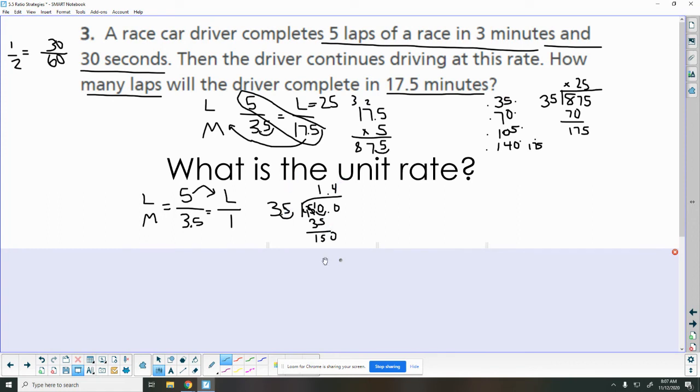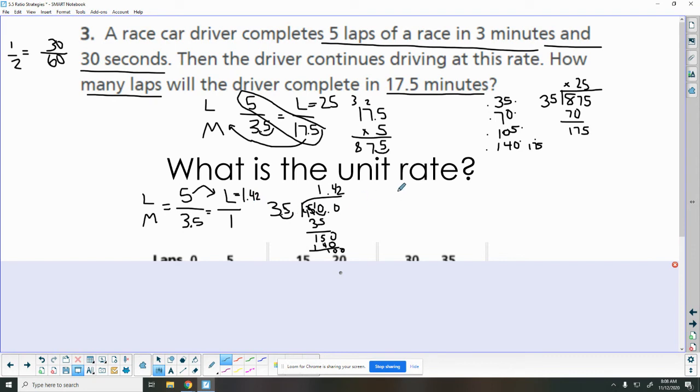And 4 times 35 is 140. Then we've got 10 left over, and it goes in there 2 times. So I know every minute they're doing about a lap and a half.